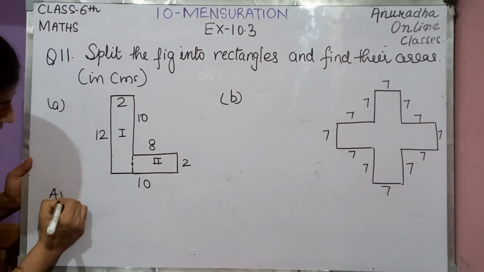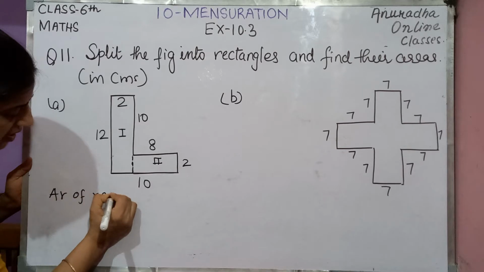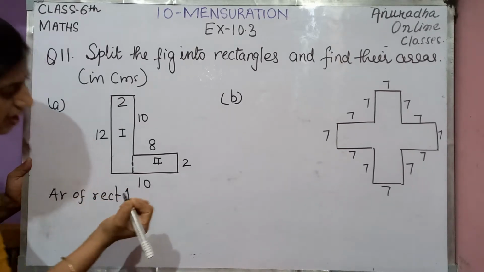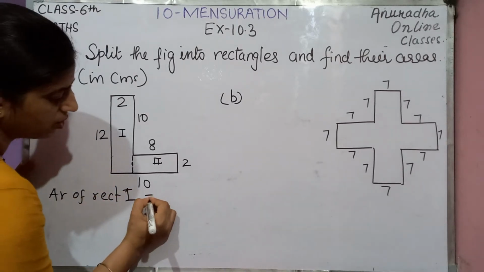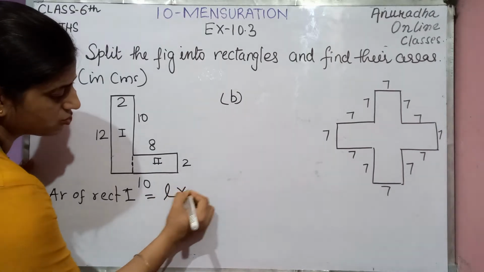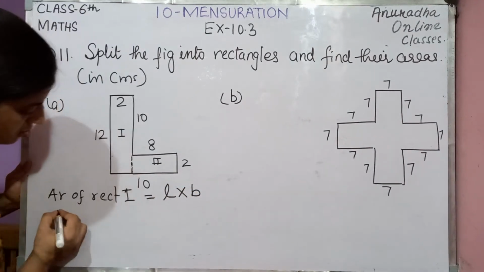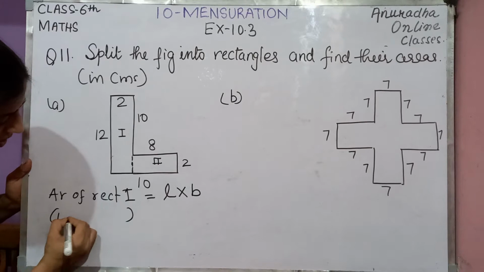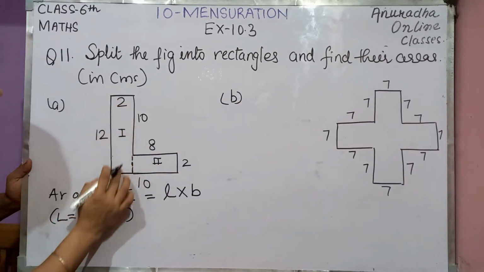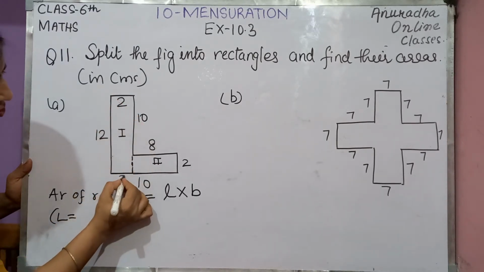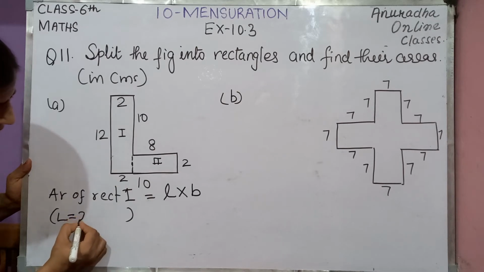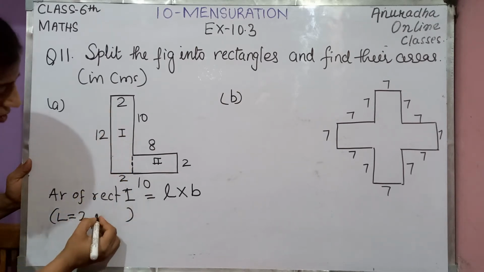तो area of rectangle 1 is equal to what? Length into breadth. What is your L? Write in bracket your L is, L कितना है इस rectangle का? This is 2, तो this is also 2. So L is 2 and breadth हमारा कितना है?